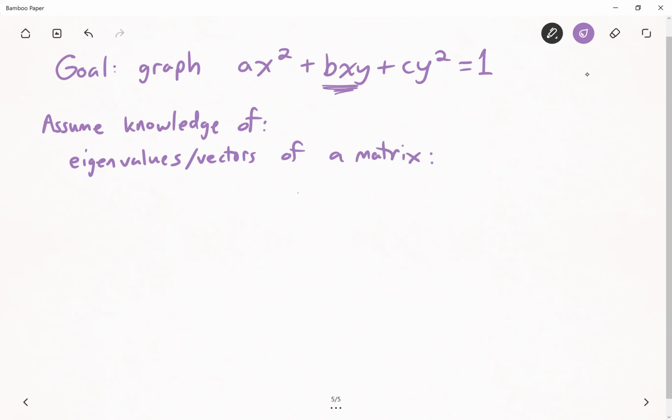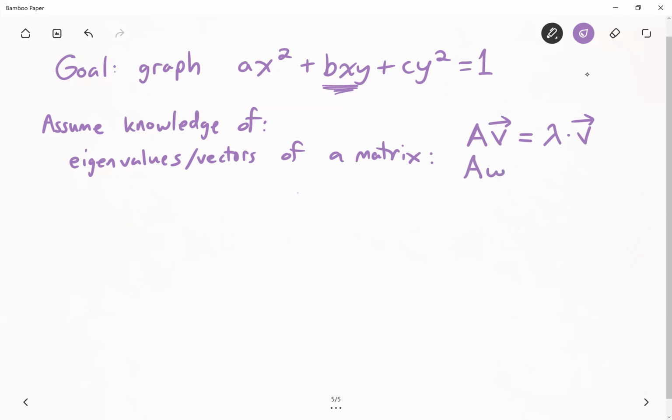In other words, if we have a matrix A times some vector V, sometimes that might be equal to a constant lambda times the vector V. That's not always true, but sometimes it's true. And in that case, V is called an eigenvector and lambda is called an eigenvalue.